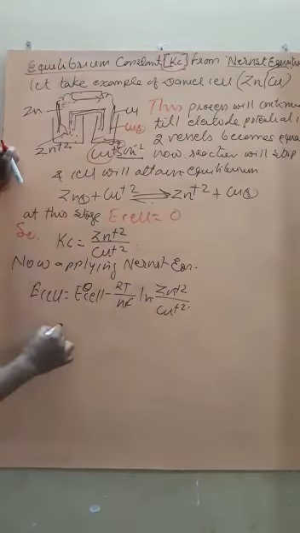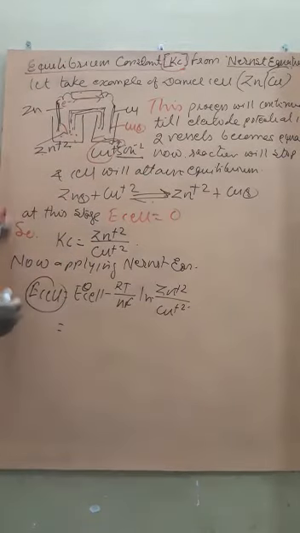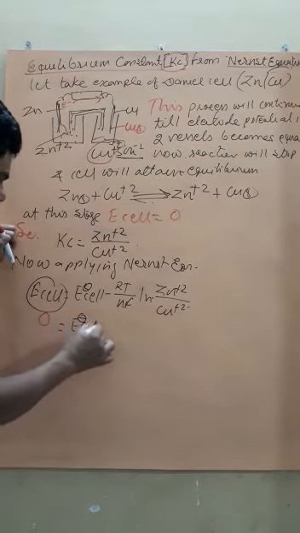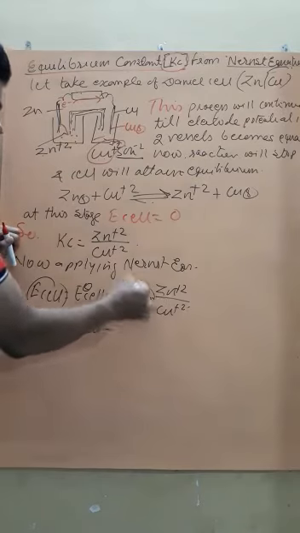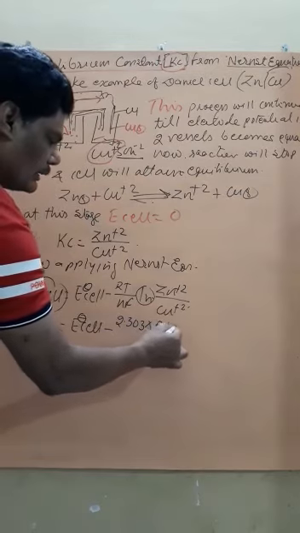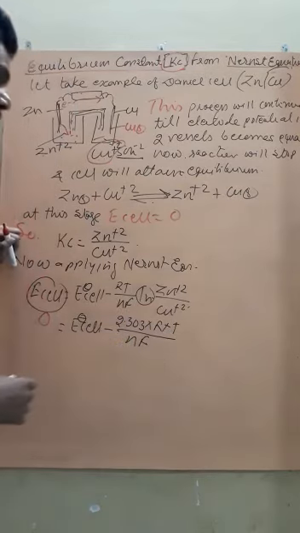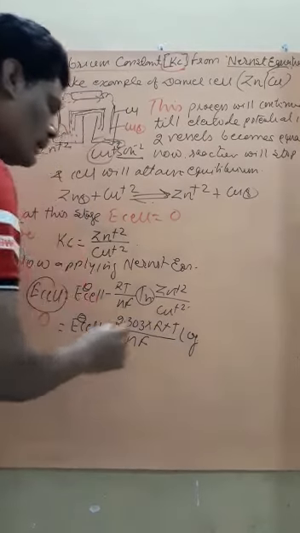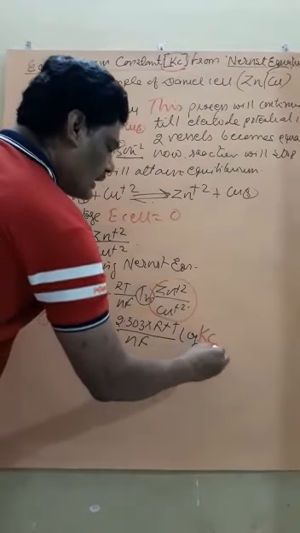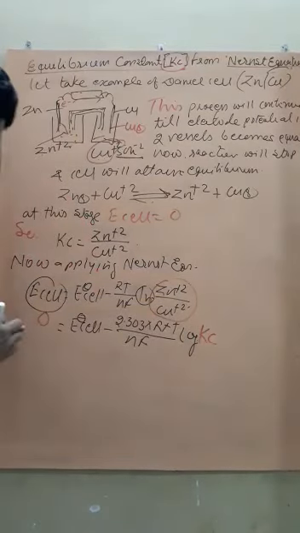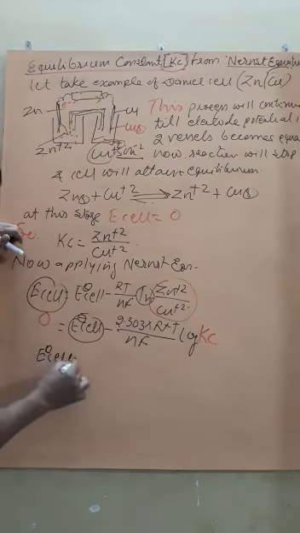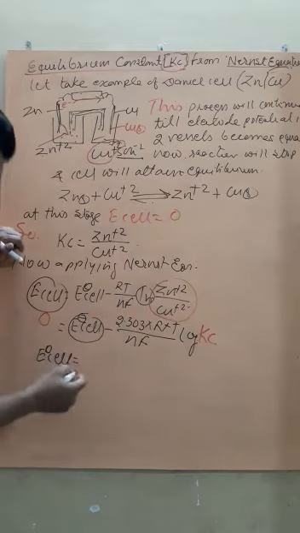Now students, if you convert it, E cell is 0, equal to E standard cell minus, if you convert natural log into log base 10, then it becomes 2.303 RT upon nF, and now this becomes log, and instead of Zn2+ and Cu2+ cation, you can simply write log Kc. Otherwise, to find E standard cell, the minus sign will become plus sign.